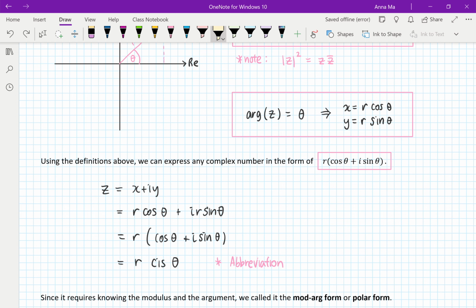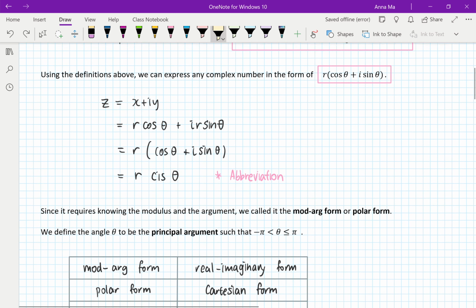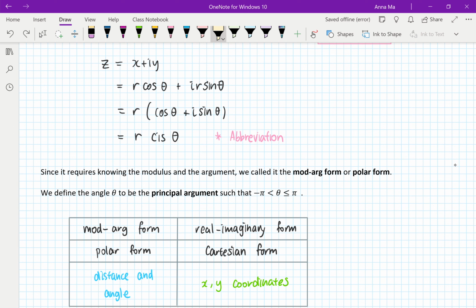Now, since it requires knowing the modulus of that complex number and the argument of that complex number, we call it the modulus-argument form, but in short, we just call it mod-arg form. Or, as I said before, it involves the polar coordinates, so we also call it the polar form, but I think mod-arg form is the more popular terminology.